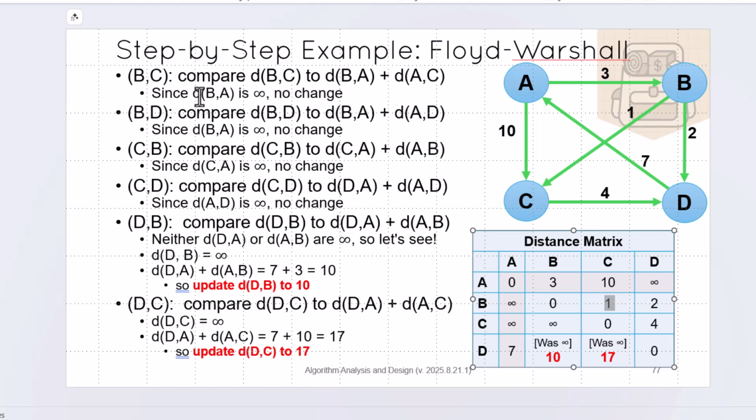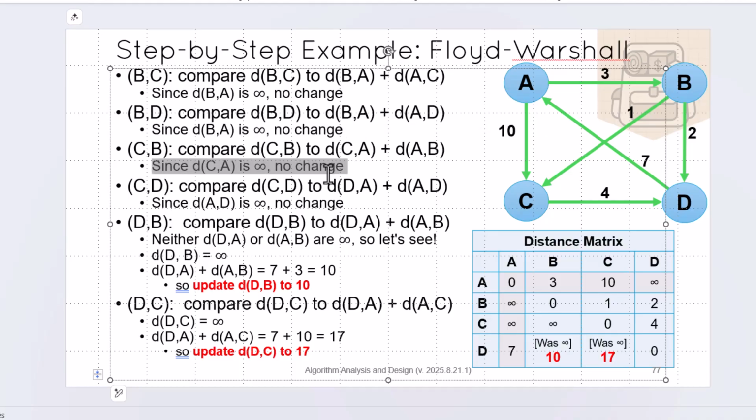Since D of BA is infinity, no change, because there's no improvement by going through A. If I try to go through A starting with C, as far as C is aware, it's connected to A with infinity, so that's not going to help. BD, we compare D of BD to D of BA plus D of AD. And since BA is infinity, no change. Same thing for CB. CA is infinity. Same thing here. AD is infinity, no change.